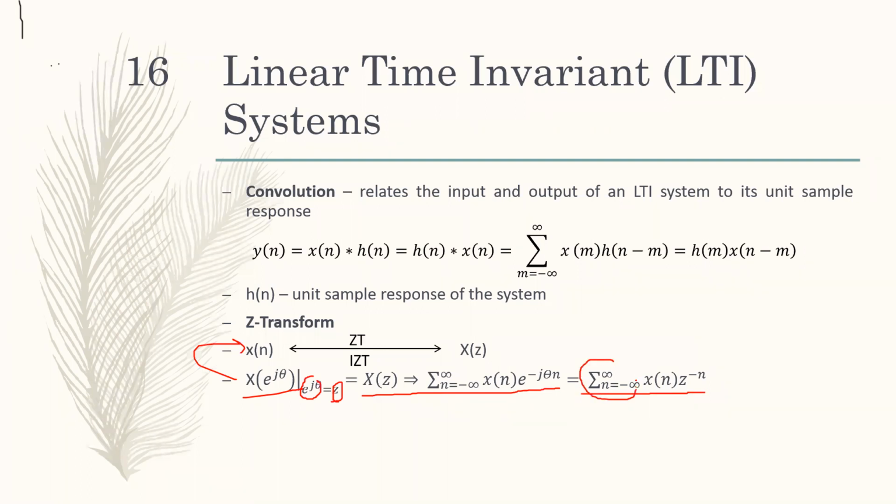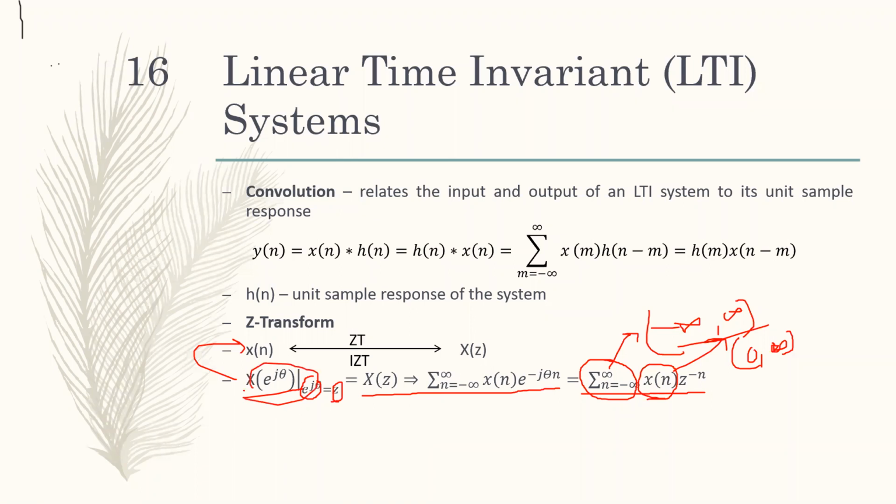The limits are in the range of minus infinity to infinity. If this is the case for x of n, this is called the bilateral Z transform. And if the limit is from 0 to infinity, it is called the unilateral Z transform. So these are the two things we have gone through.